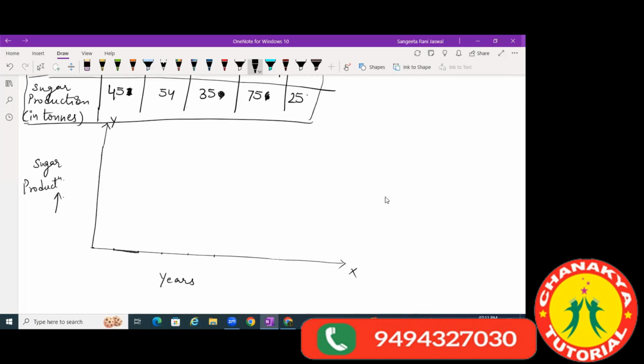Now from here to here, just leaving one box here, you have another box. Take this as 2006. From here to here, leave one box again. Then in another box, you have this range 2007. Then leave one more here.